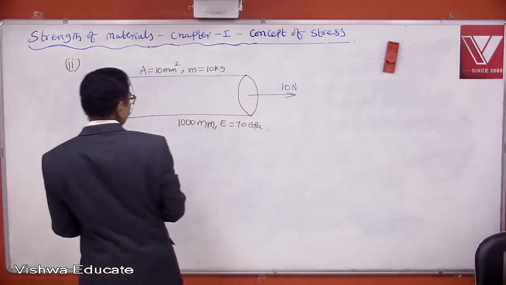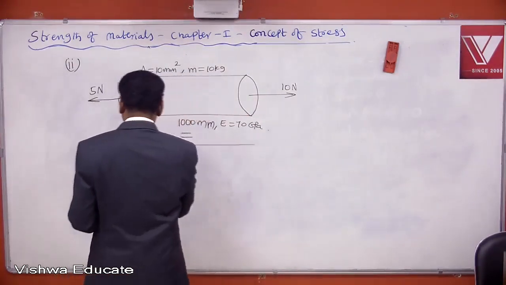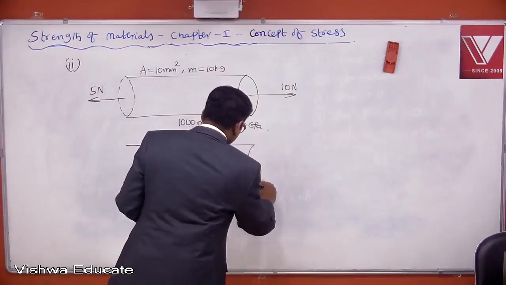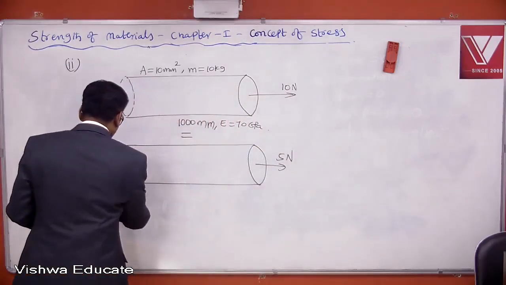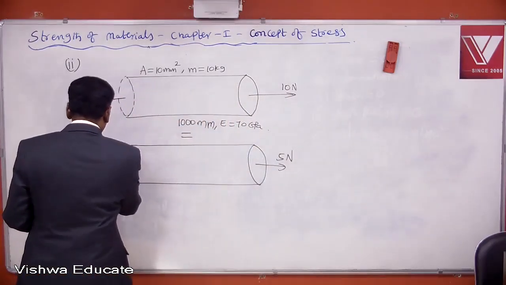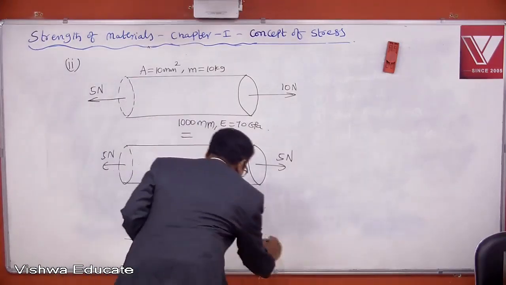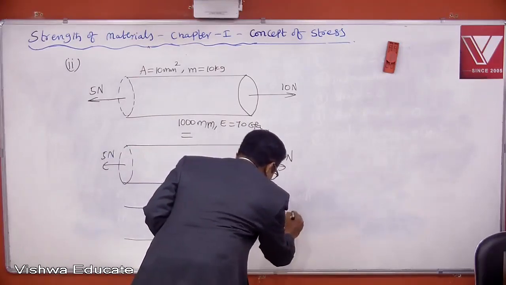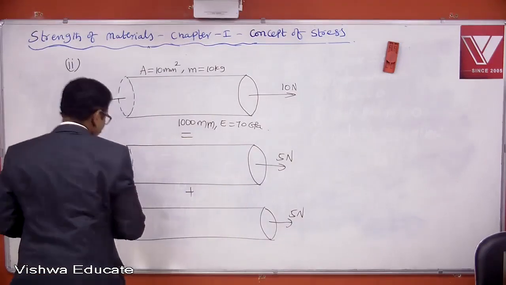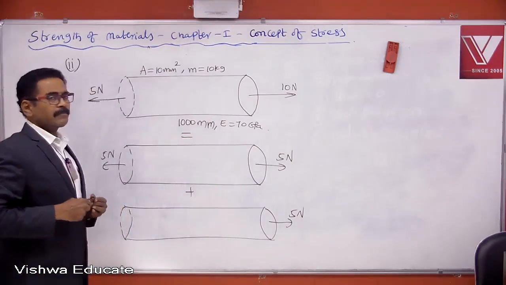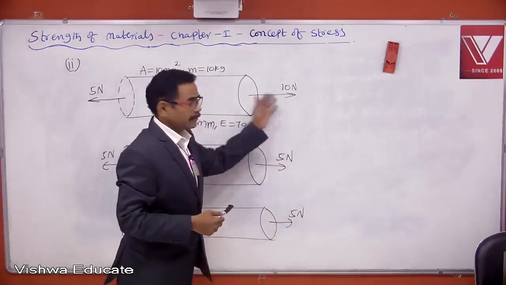How? Like this. Divide this problem into two different problems. In the first problem, 5 newtons rightward, 5 newtons leftward, and in the second problem, 5 newtons rightward and 0 newtons leftward. 5 plus 0, 5. 5 plus 5, 10.